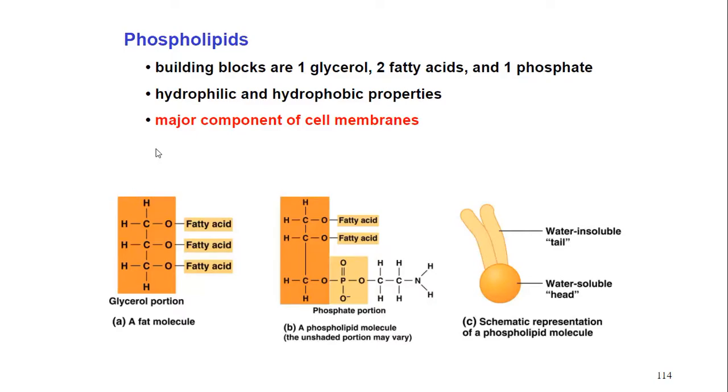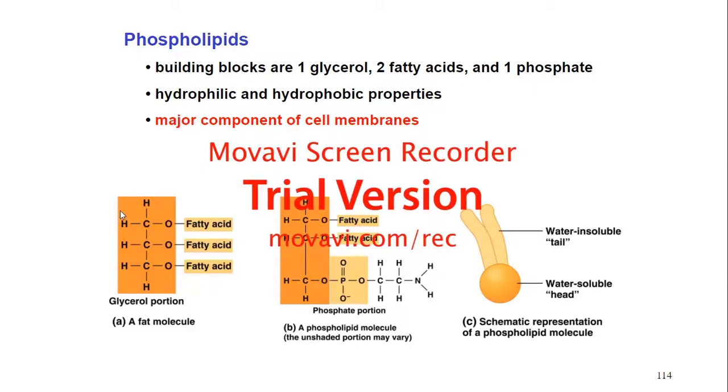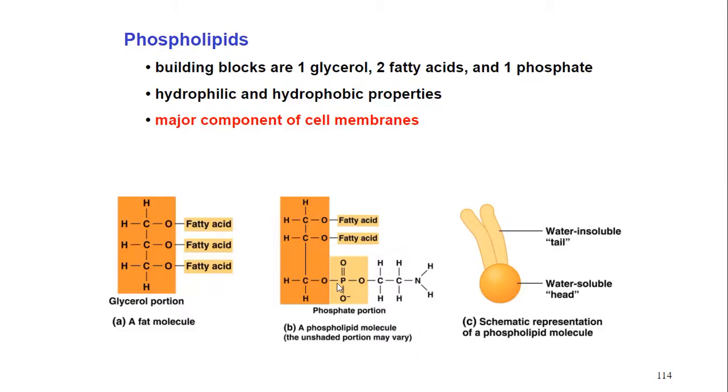All right, so phospholipids, you have the glycerol backbone again. But this time you have 2 fatty acids and a phosphate attached to it. Phospholipids are the main component of cell membranes, so this is very important.